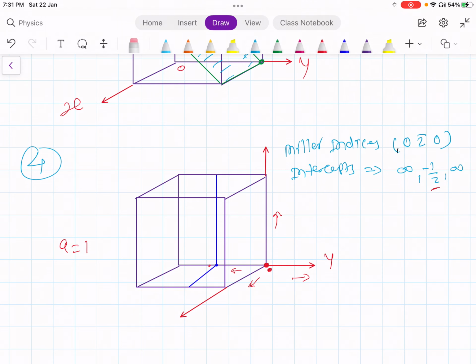This is also a parallel line to the z-axis, and this is a parallel line to the x-axis. So this is the plane which, you can see here, is parallel to the x-axis and z-axis, but cutting the y-axis at minus 1.